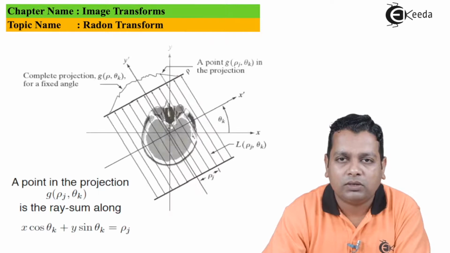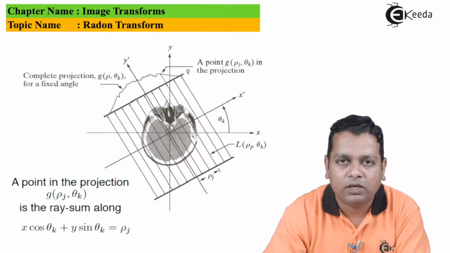So this is the diagram that shows more information, working with the CT scan image we have seen in the earlier slide, and for this particular CT scan image the projections are shown here. So here a point g as a function of rho suffix j and theta suffix k, the representation in polar coordinates, in the projection that has been shown here.